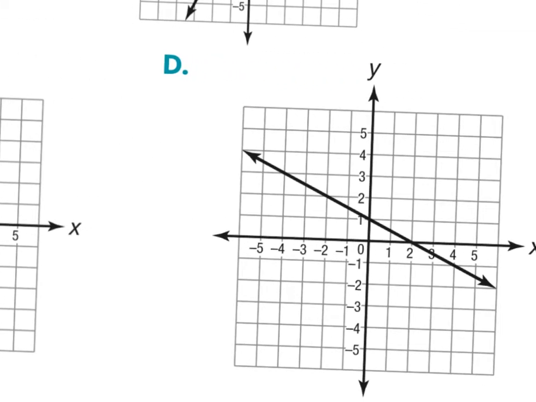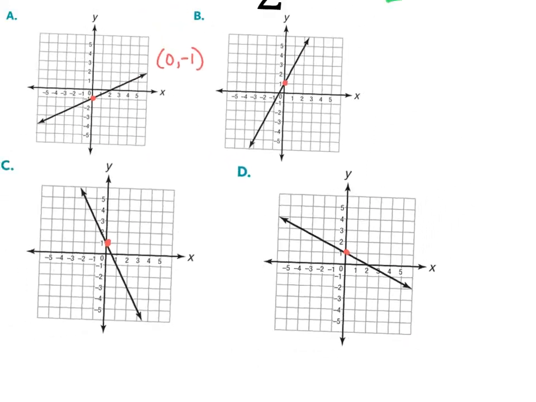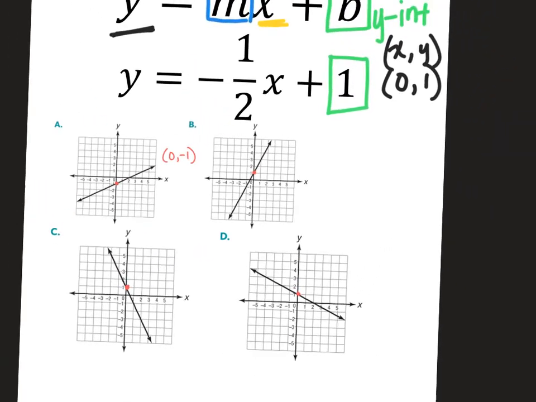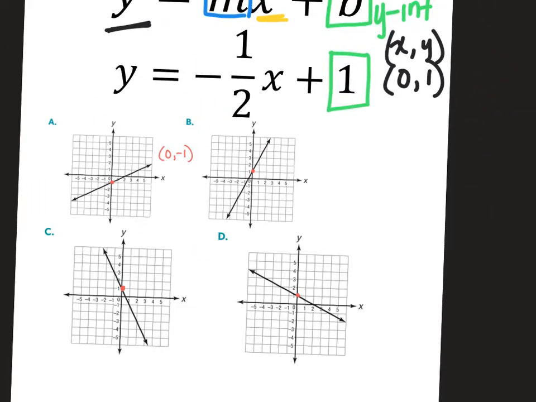Let's look at D. Does D have a y-intercept of 1? Yes. So those three choices are in the game right now. We're trying to find out which one of these graphs represents the equation -1/2 x plus 1. So far there's 3 choices that we've identified that can be possible answers.